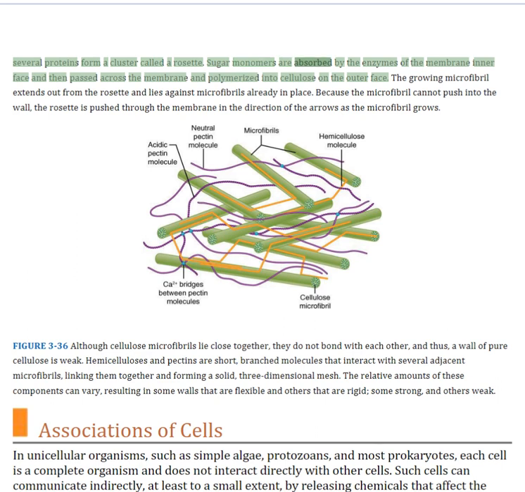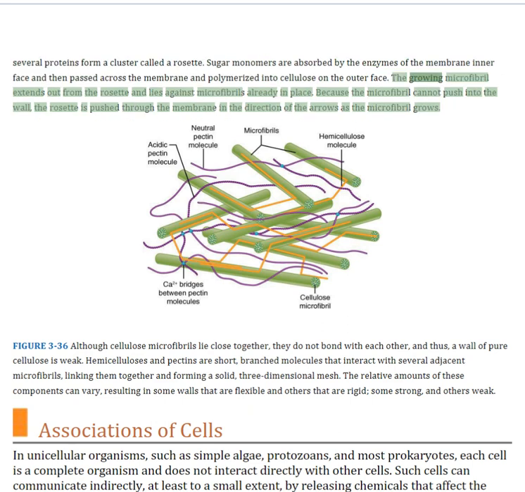Sugar monomers are absorbed by the enzymes of the membrane interface and then passed across the membrane and polymerized into cellulose on the outer face. The growing microfibril extends out from the rosette and lies against microfibrils already in place. Because the microfibril cannot push into the wall, the rosette is pushed through the membrane in the direction of the arrows as the microfibril grows.